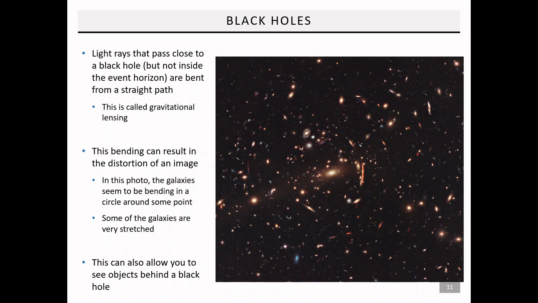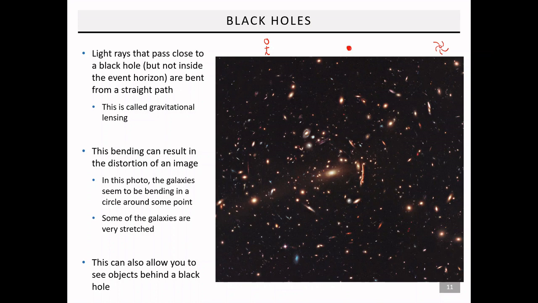These stretched out galaxies are somewhere very far away from us. And somewhere between us and those galaxies is a black hole. So we're located over here, you have some galaxies located very far away, and then somewhere between us, there's a black hole.